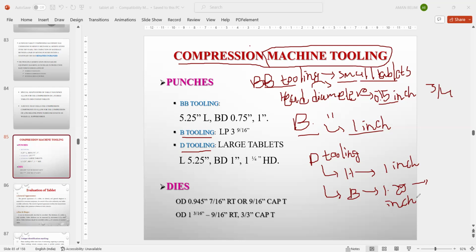But in inches, it is 1.25 and then 1 inch. Okay. So just in a mathematical way, it may be given differently, but this is its actual value. So D tooling is for the large tablets. Okay, D tooling is for the large tablets.